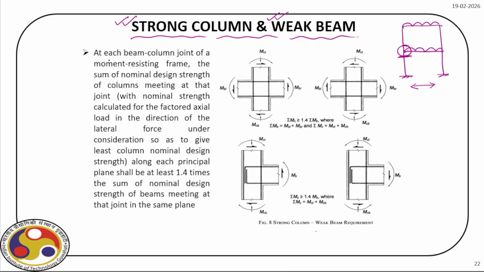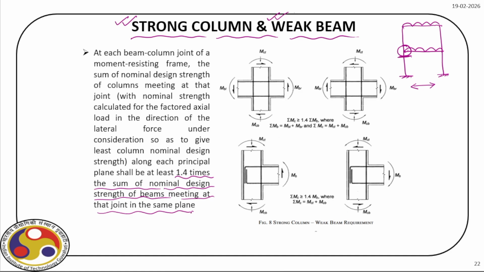As you can see here, at each beam column joint of a moment resisting frame, the sum of nominal design strength of columns meeting at the joint, with nominal strength calculated for the factored axial load in the direction of the lateral force under consideration, so as to give least column nominal design strength along each principal plane, shall be at least 1.4 times the sum of the nominal design strength of beams meeting at that joint.